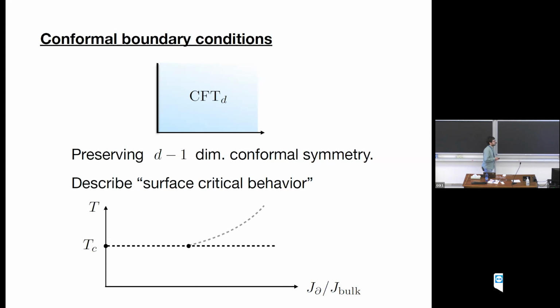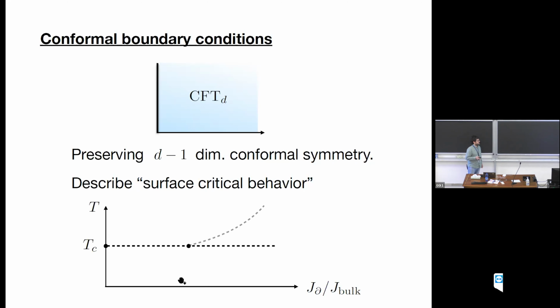Here I just depicted the prototypical example, which is the one of the Ising model. So let's say we have our system of spins in a region which is finite, and then at low temperature, we are in some ordered phase, and then we have a transition to a disordered one, and at the critical temperature we have the second order transition. But then even if we just tune to the critical temperature, we can still change an additional parameter, which is the relative strength of the coupling between spins on the surface compared to the bulk.